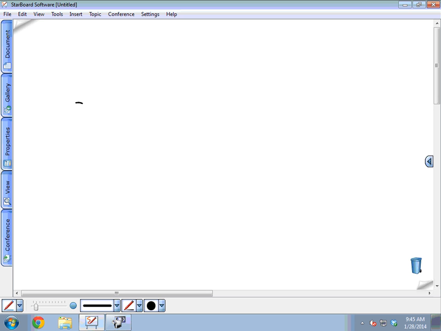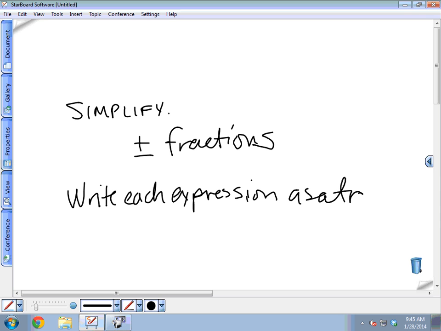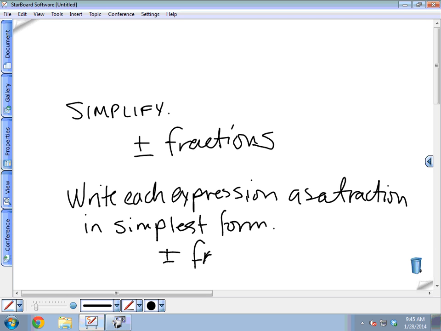So when they say simplify, period, and they have addition and subtraction of fractions, and then they say write each expression as a fraction in simplest form, and they have addition and subtraction of fractions, these two directions are equal.